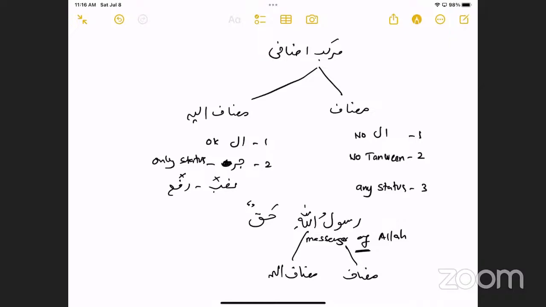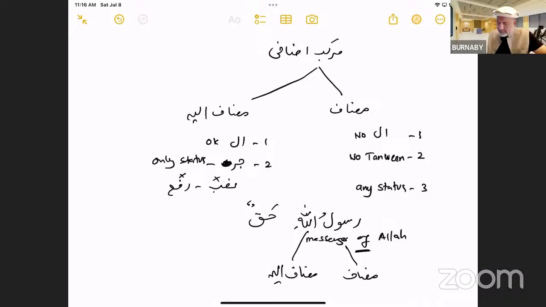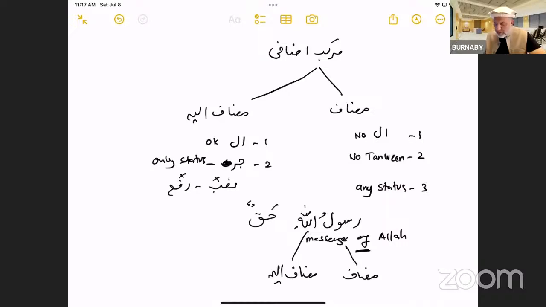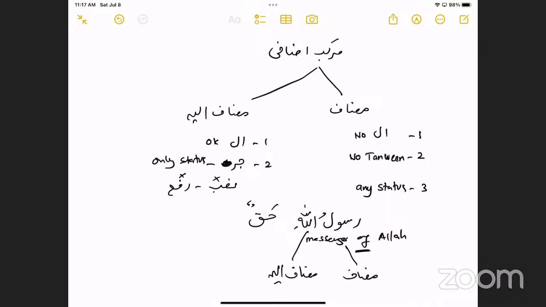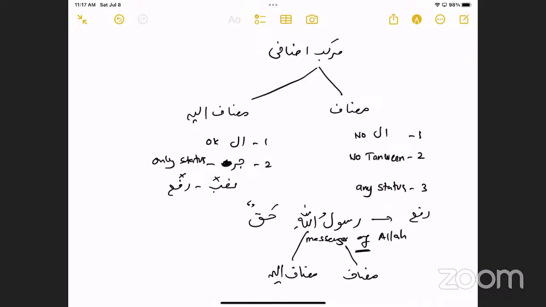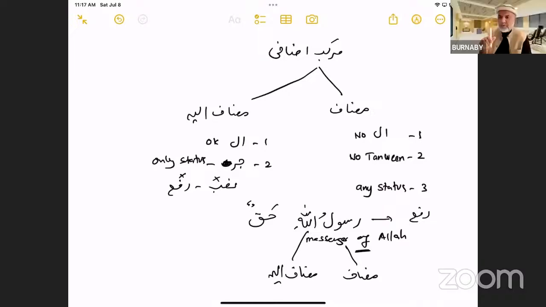Okay, does my rule apply? Is there al on Rasul? No al. And there is no tanween. And what is the status of Rasul here? Listen to the question carefully.